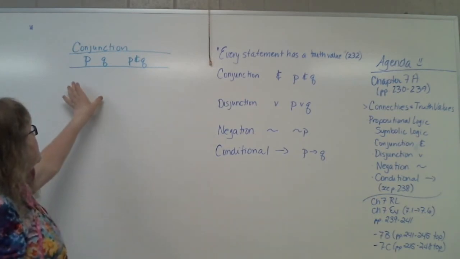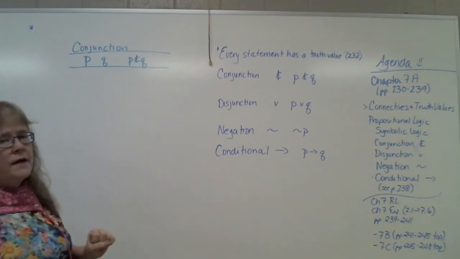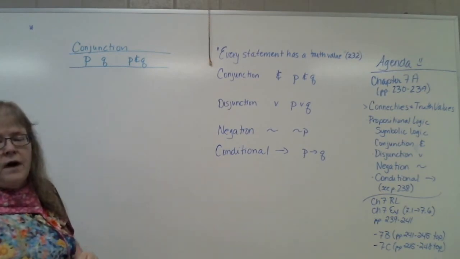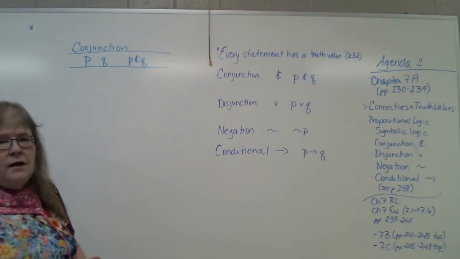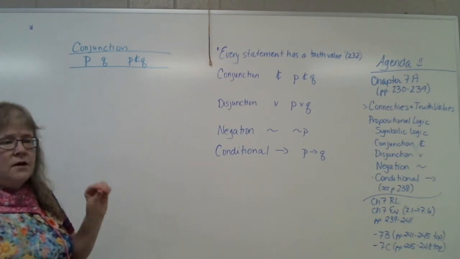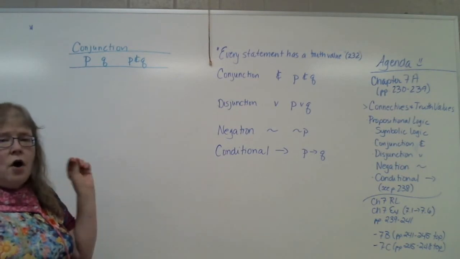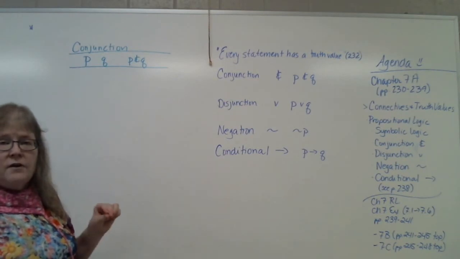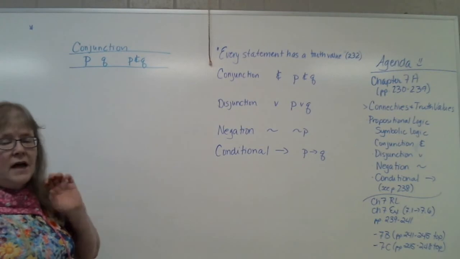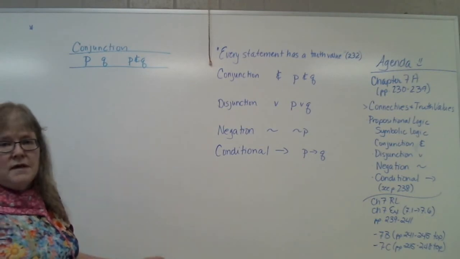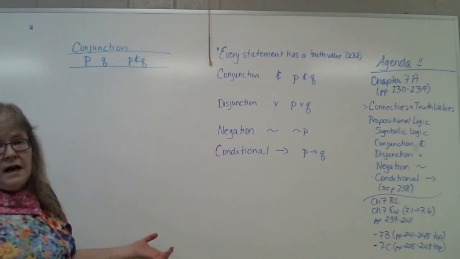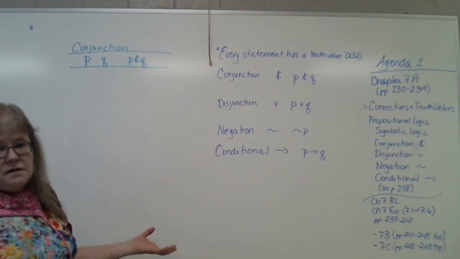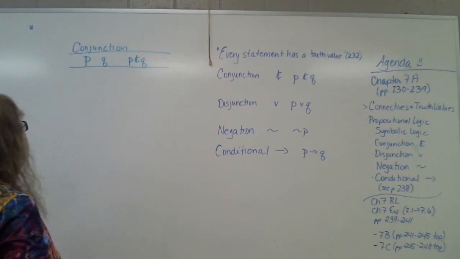I have these two variables that are always going to look the same way anytime I put them into a truth table. P's and Q's, later on R's, are always going to have the same values in the same order every time you put together a truth table. That's the easy part. In fact, you can put it in an Excel sheet and just copy and paste it into wherever you need. That's what I do.